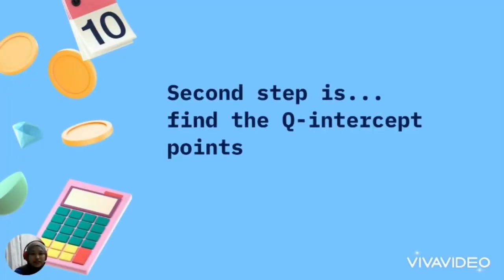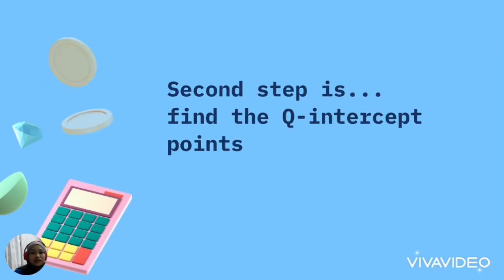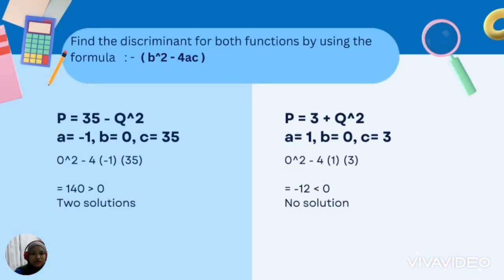Now let's go to the second step, which is to find the P-intercept point. To find the intercept point, we first need to find the discriminant for both functions by using the formula b power of 2 minus 4ac. Just use the formula for both functions, check the information for a, b, and c, and fill them into the formula.